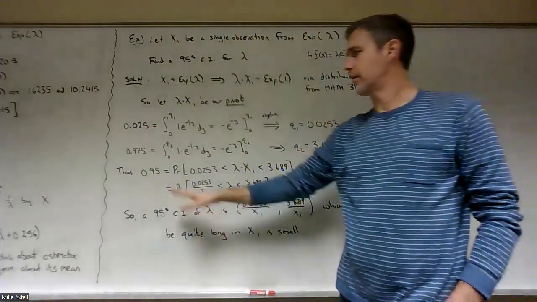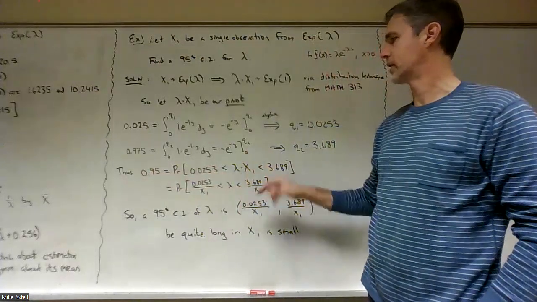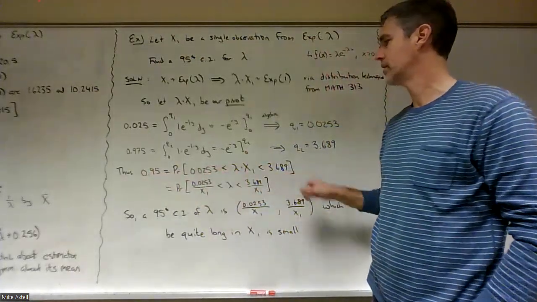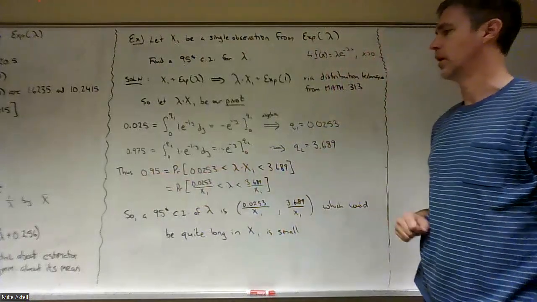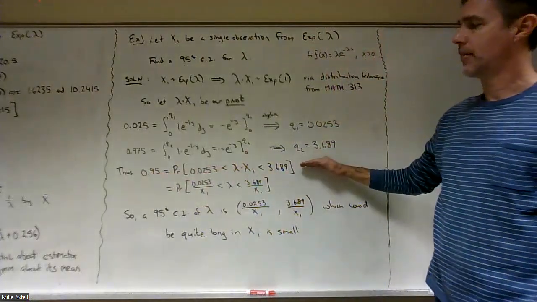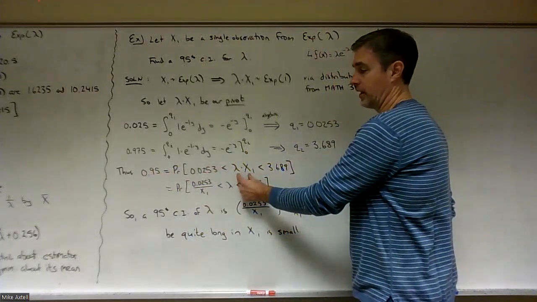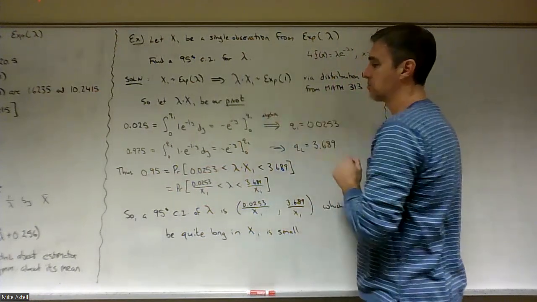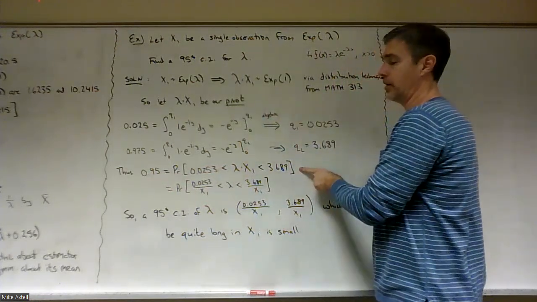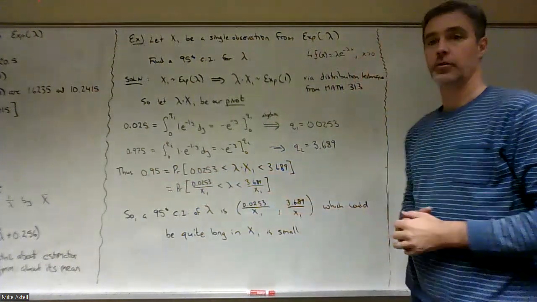And that tells me that there's a 95% chance, the probability, of lambda times x1 landing between the two quantiles, okay? So I set that probability statement up. This is my random variable depending on lambda, but its distribution does not depend on lambda. Okay, so I can set up that probability equation, divide both sides by x1, and there's my confidence interval, okay?